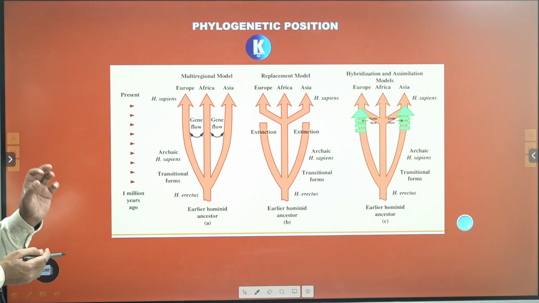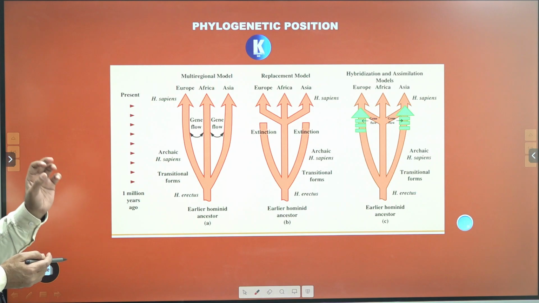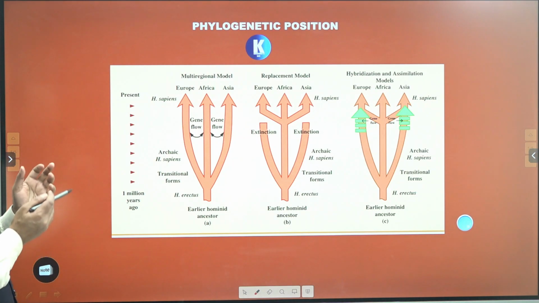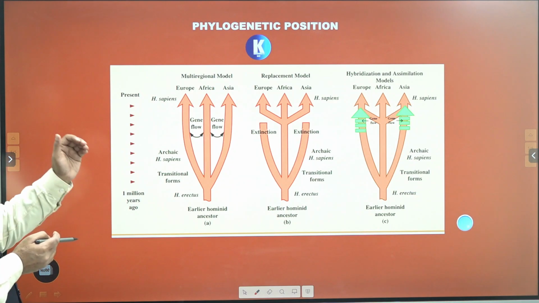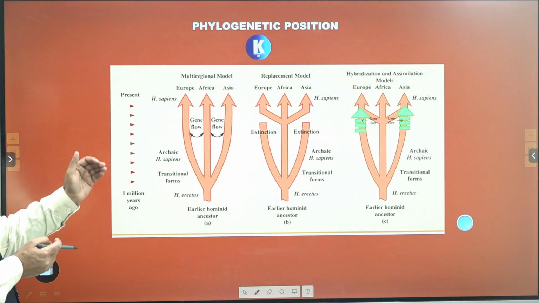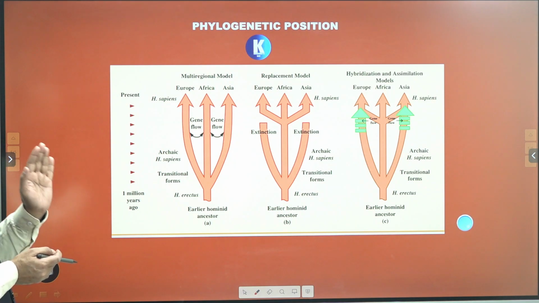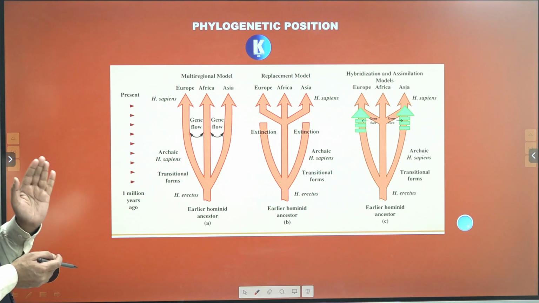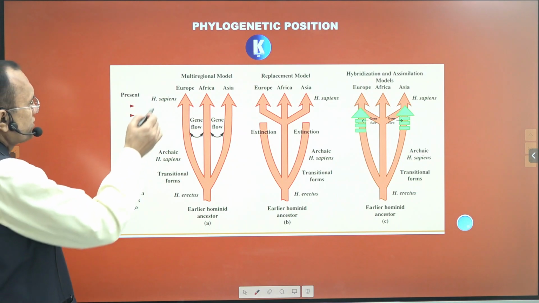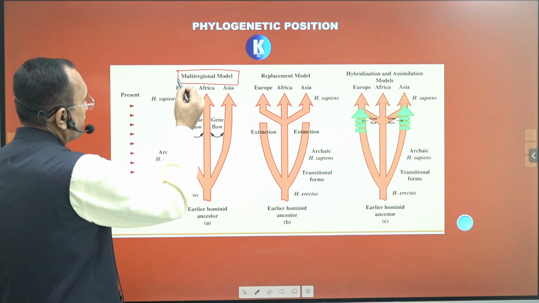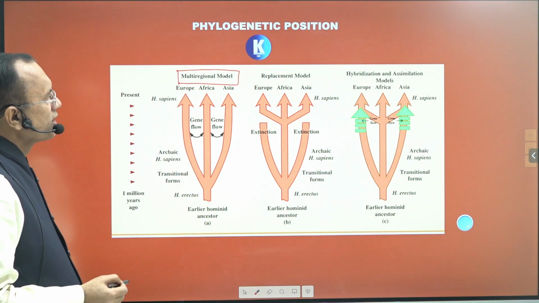For the discussion of phylogenetic position, what anthropologists or paleoanthropologists have provided regarding the phylogenetic position of Homo erectus. So we have three important hypotheses, right? First, that is multi-regional model or multi-regional hypothesis.